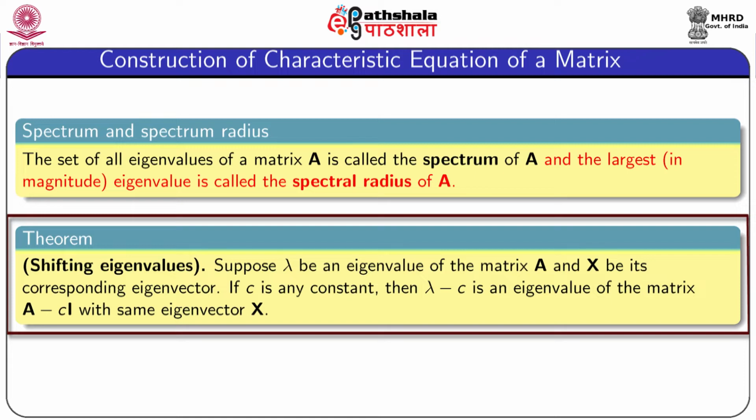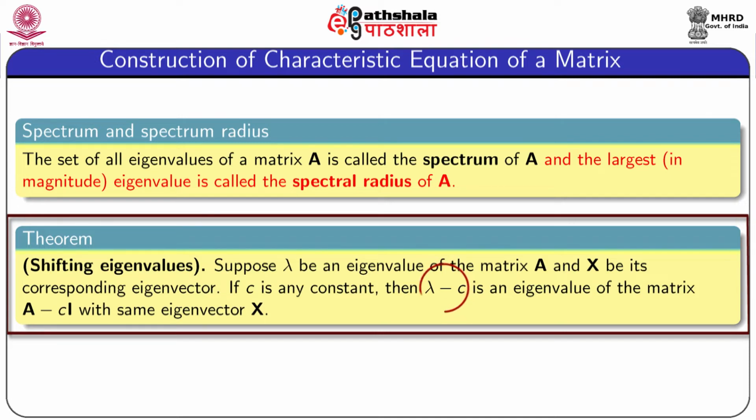Now we state one theorem. That theorem is known as the shifting eigenvalues theorem. Suppose lambda is an eigenvalue of the matrix A and X is its corresponding eigenvector, and C is any constant, which may be a real number or a complex number.